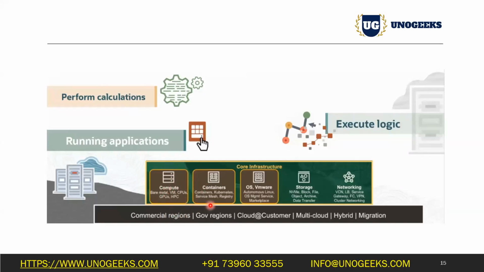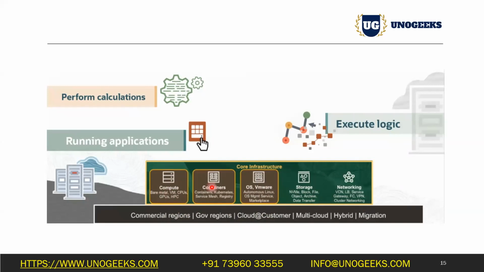And you have containers like Kubernetes, and you have VMware, virtual machines, compute services, which cover the virtual machines, and you have the managed VMware services, and then you have storage and networking as well. So these all come under the core infrastructure.